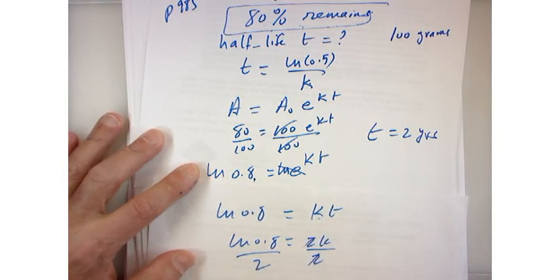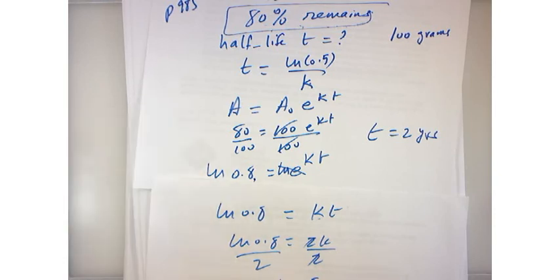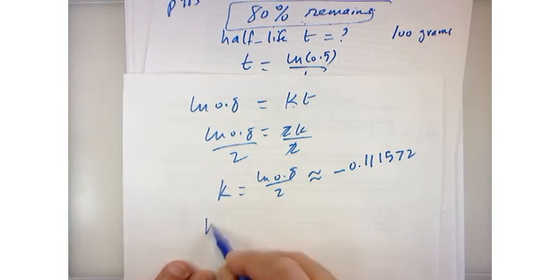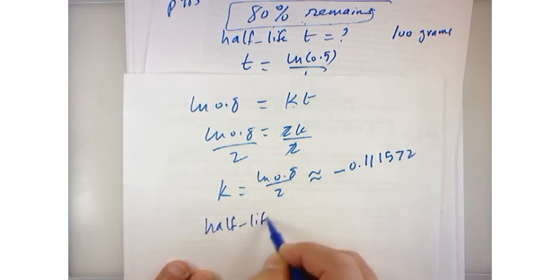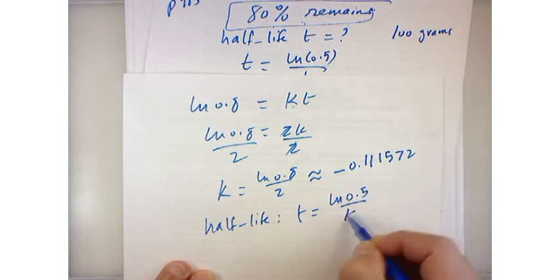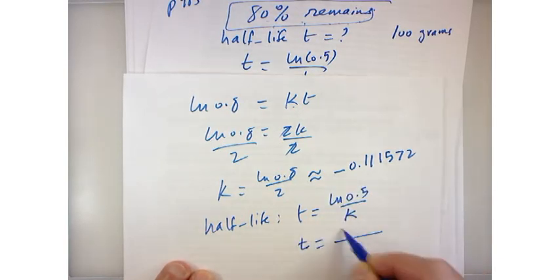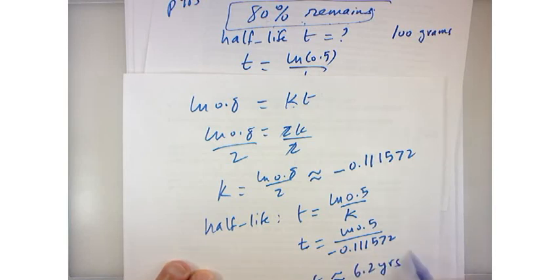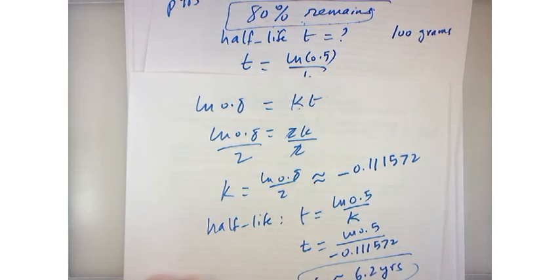So K is ln of 0.8 over 2. If you put it in your calculator, that's what you get. Now we put it in that formula to find the half-life. T equals ln of 0.5 over K, ln of 0.5 over negative 0.111572, which is roughly 6.2 years.